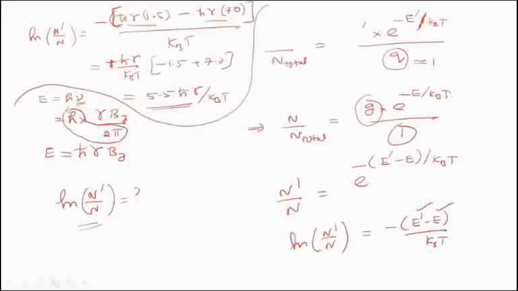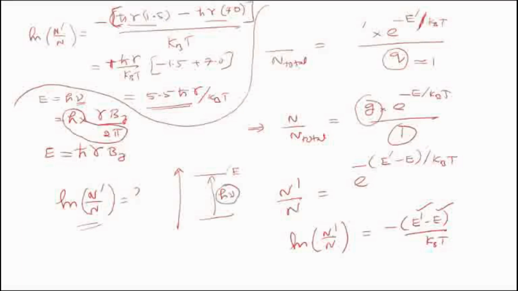Do you see why I have put h nu for E here? For E, h nu, because E is the energy of the highest level. So what energy difference should there be between the ground level and the highest level? You require that frequency of radiation, right? H nu. That energy photon is required for the excitation.